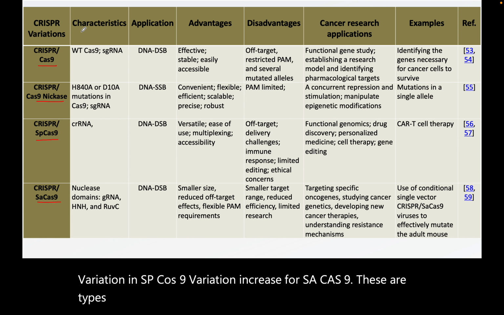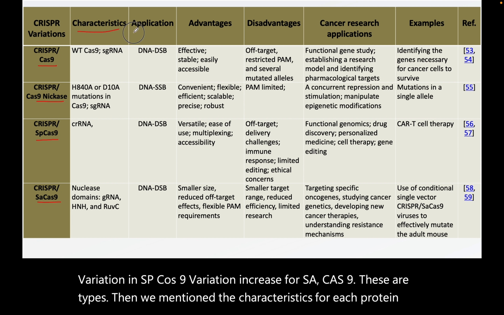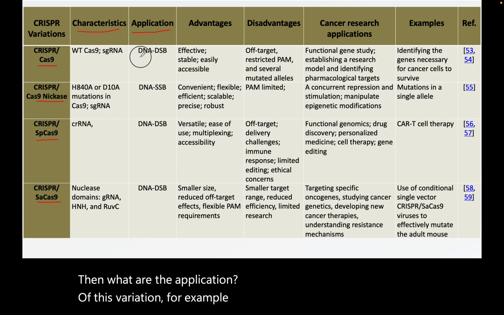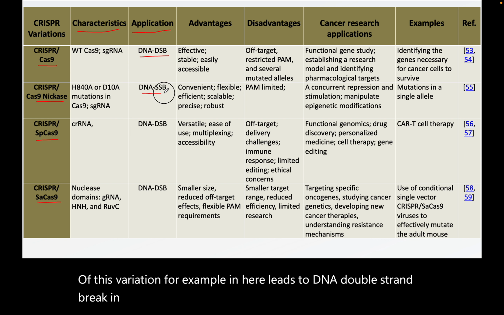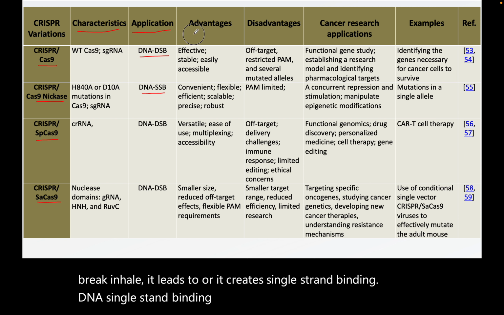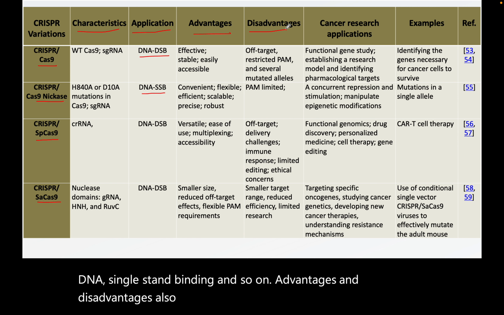Then we mentioned the characteristics for each protein. Then what are the applications of this variation? For example, in here it leads to DNA double-strand break. In here it creates single-strand nick, DNA single-strand breaks, and so on. Advantages and disadvantages we also included in our table.